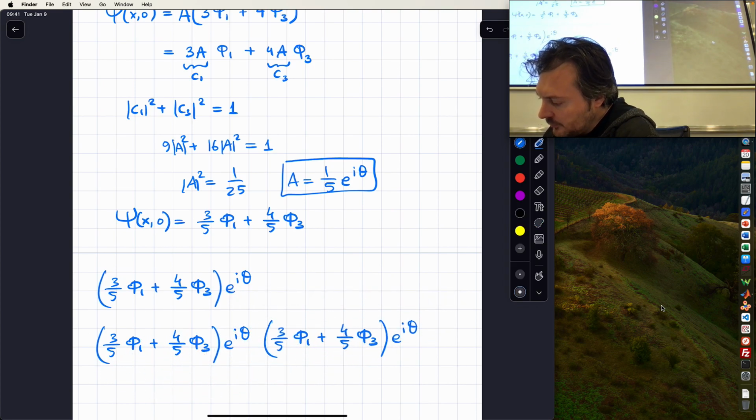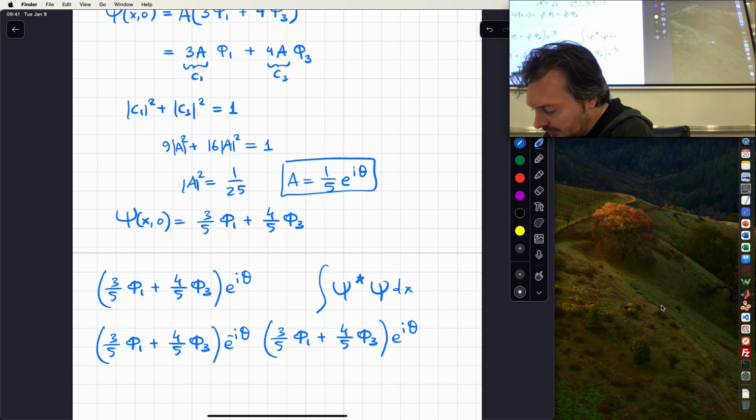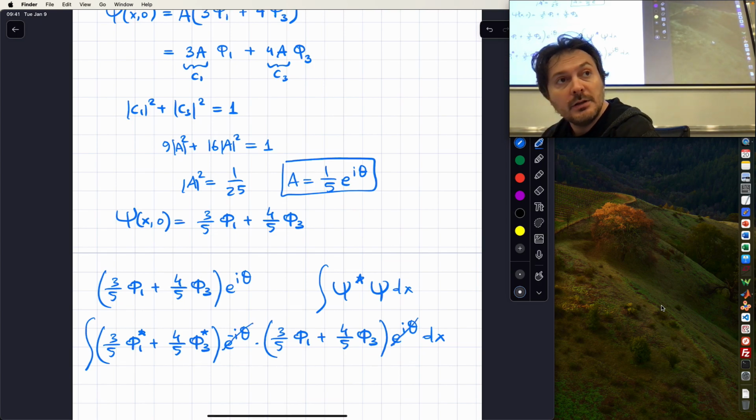So if you want to do the integral of psi star psi, what do you have? Psi star over here is this, star is this, star is this, and you multiply and you take the integral. First of all, this one takes care of that one. So it's gone already.